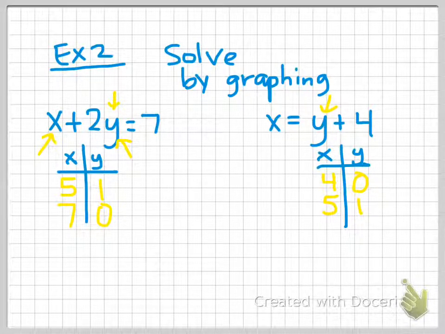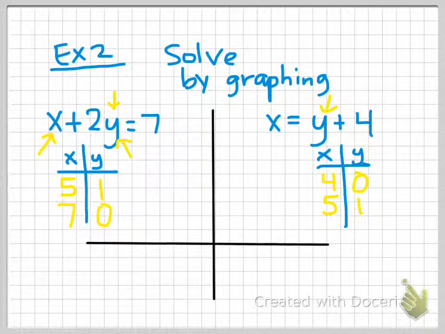Now what we're going to do is graph the lines and see where they cross. The first one, we're doing this one first. (5, 1): 1, 2, 3, 4, 5 to the right and 1 up. And (7, 0) is right there. Now we're going to make a line through those 2 points.